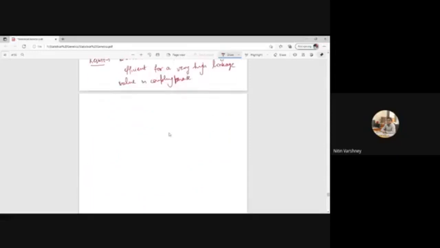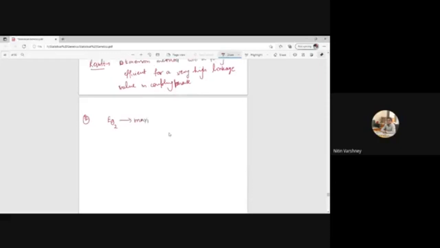So the second result is that the efficiency of the second method, that is the linear function method, will be maximum as theta approaches 1/4 from both sides, from either side.